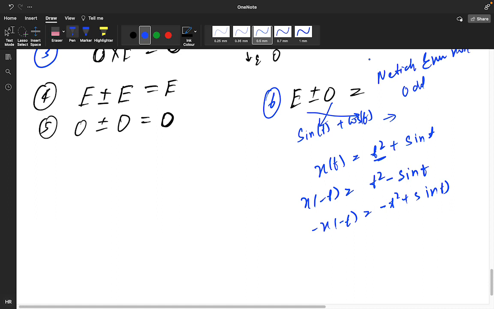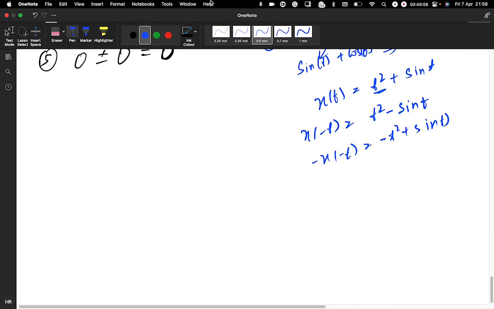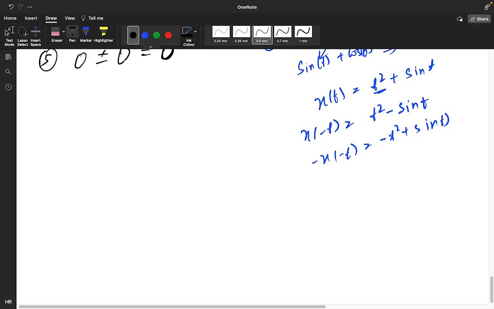Now there is a question, just try to solve it. Find the even signal and the odd signal for the given signal x of t.